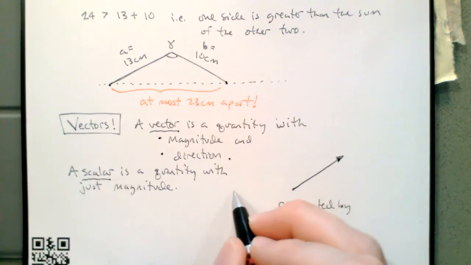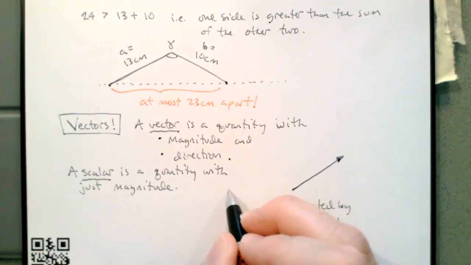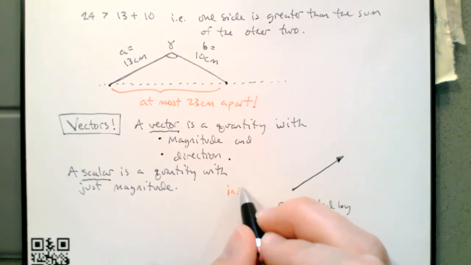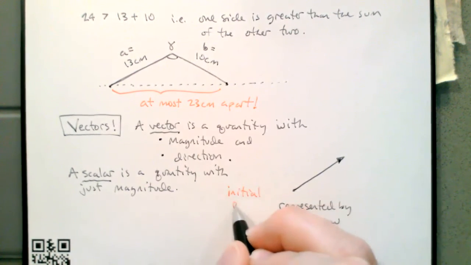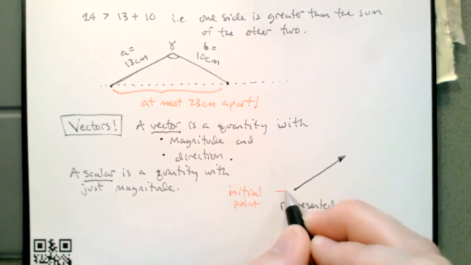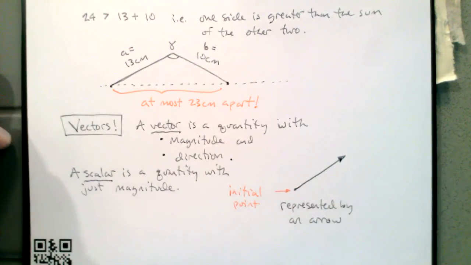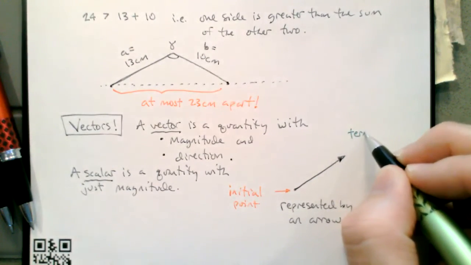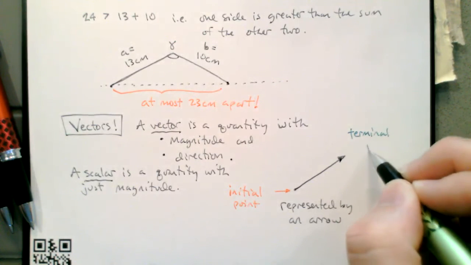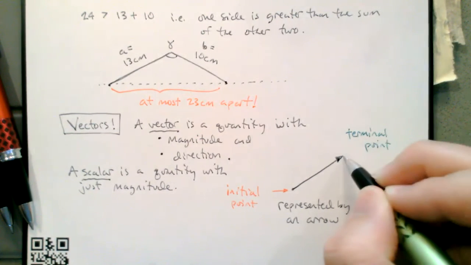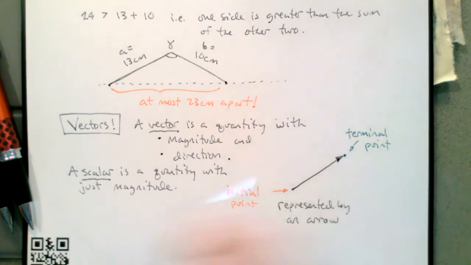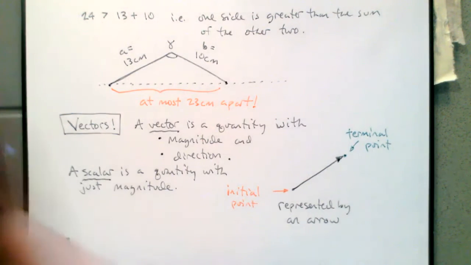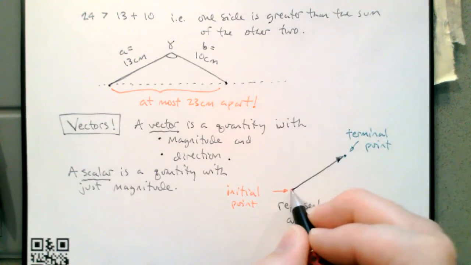So where it starts is going to be the initial point. And where it ends, we will call that the terminal point. So start and end is what I'll probably say most of the time.